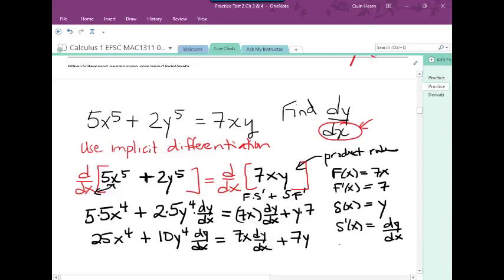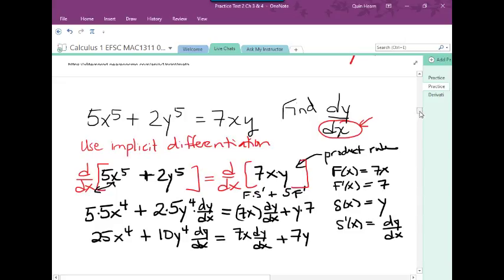All right, so think of dy dx as just another variable. This is just like when you're solving a formula for one of the variables in the formula. Whatever terms have the variable you're looking for, you want to get that to one side of the equation, and everything else you want to move to the other side.